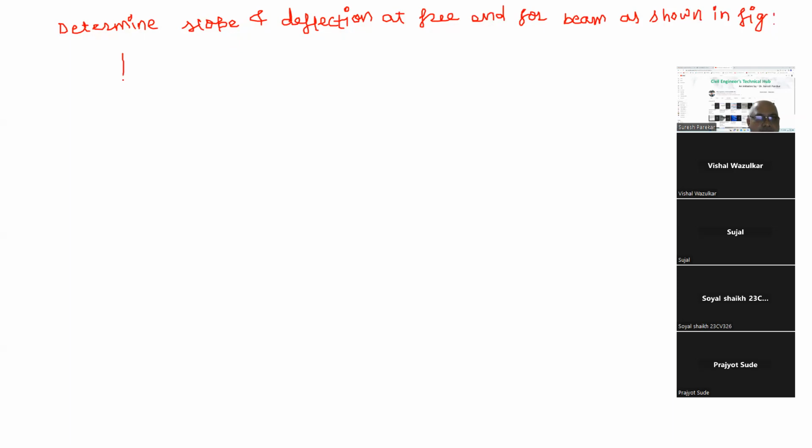And then we have a problem with throughout UDL. This is W, this is L, A, B.